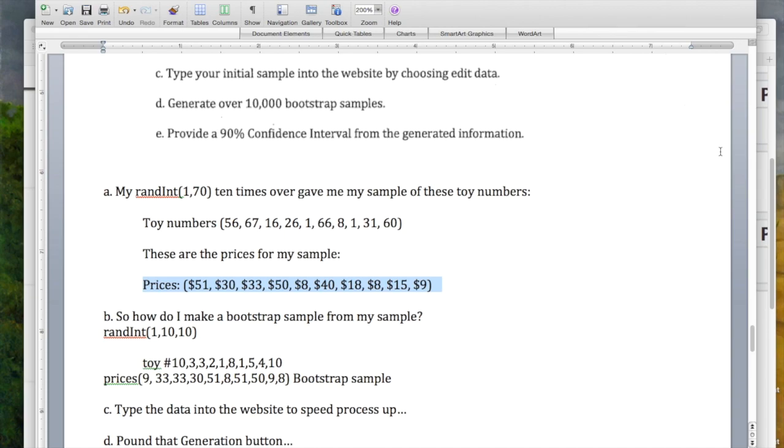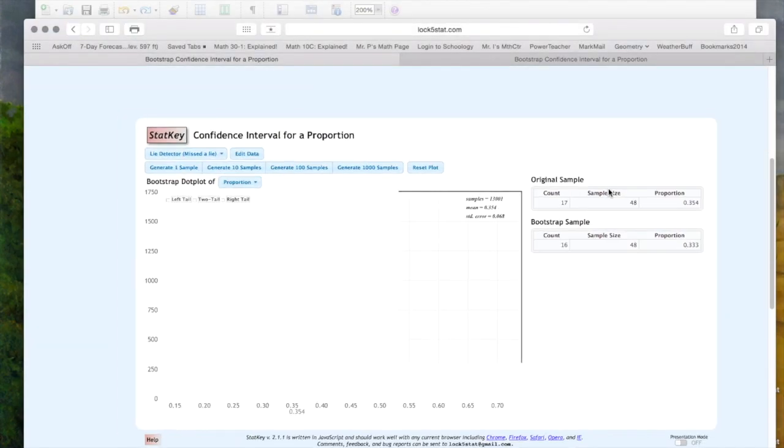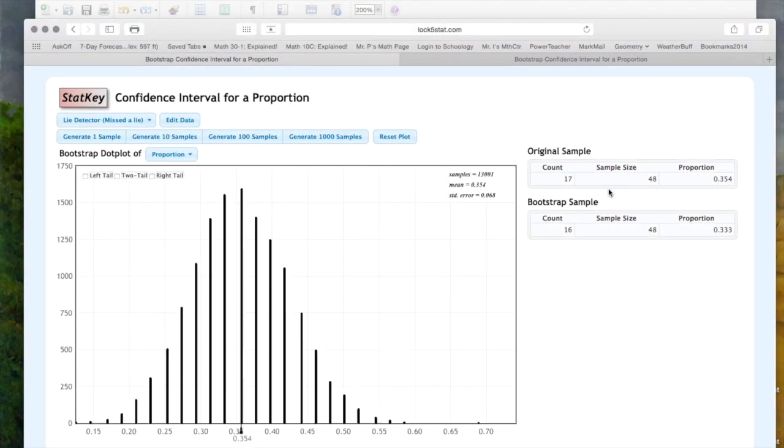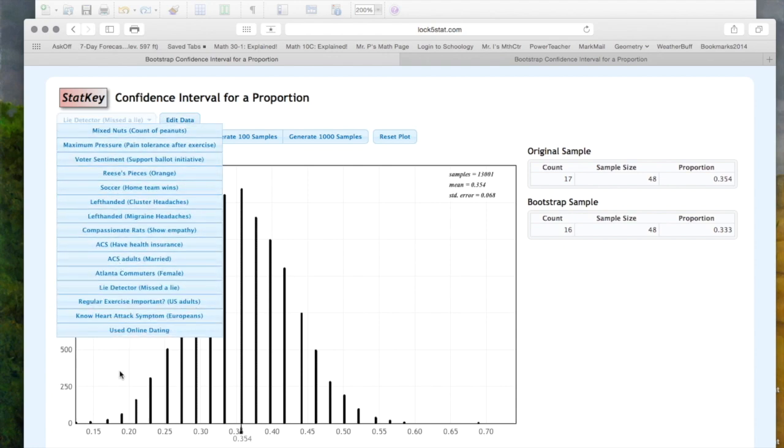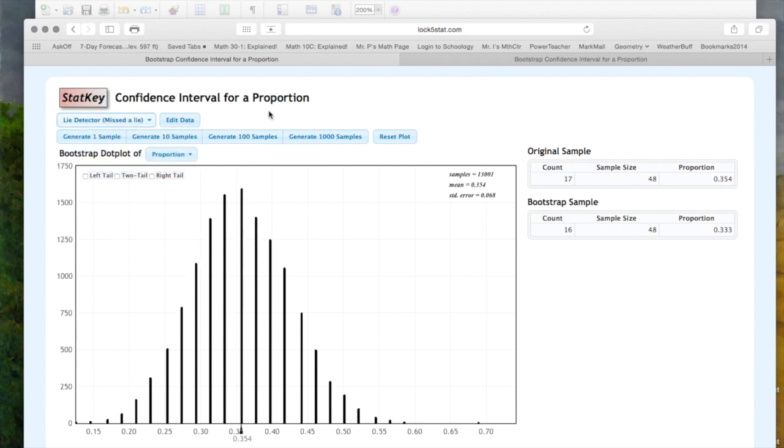So remember that this website has preloaded data, but you can also edit the data yourself to put in your own information. So for this particular list of the toy prices, it's not found in any of these menus here. I have to actually enter it myself. So the question I have to ask myself, which often has to be asked, is what type of statistic are we dealing with?